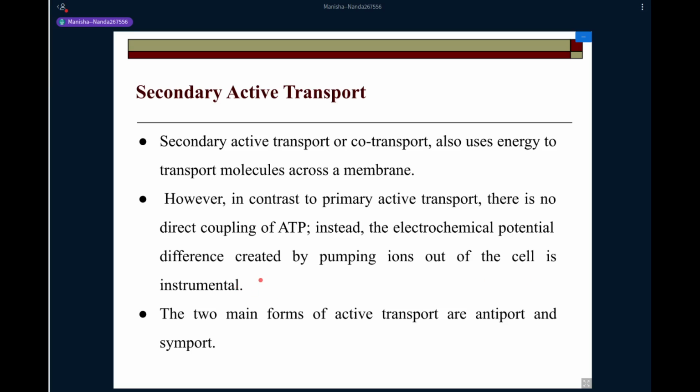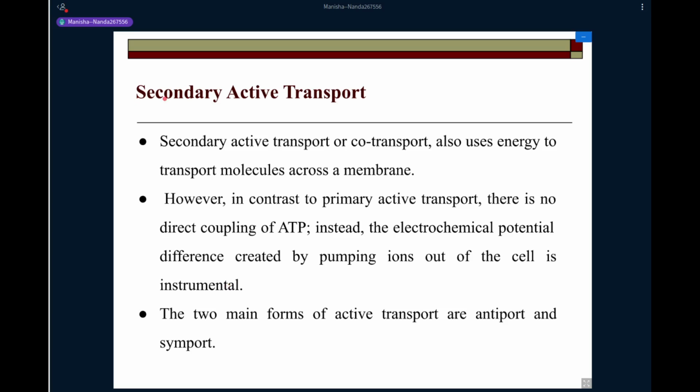It is instrumental here. Suppose a channel protein is allowing the transport of a molecule across it. Due to that transport, the electrochemical potential difference that is generated, that energy is actually utilized to co-transport a molecule with it.